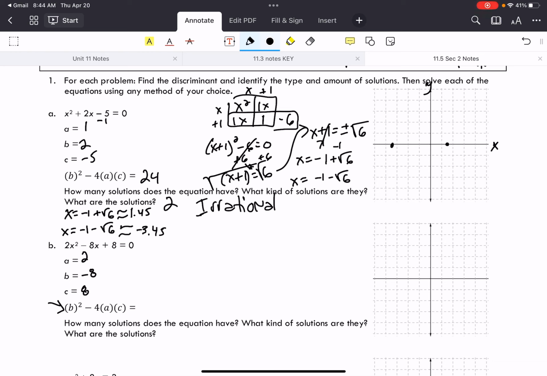Don't we take out the greatest common factor? Not yet. Only if we're going to end up doing the factoring method.